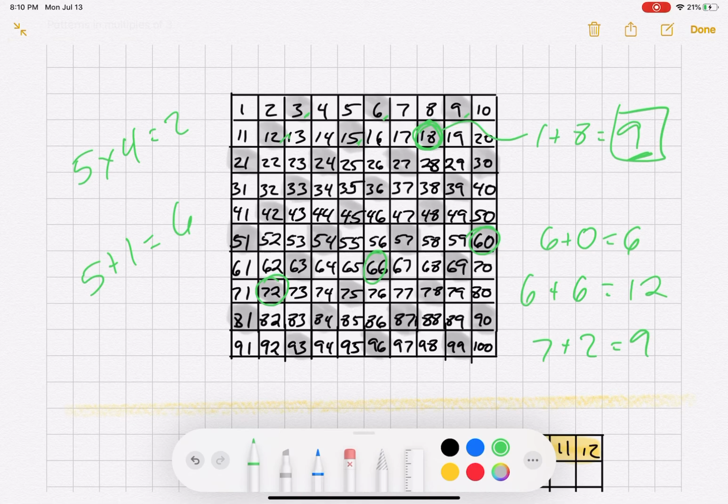Oops, wrong one, where are we here? 54. Sorry, that is 9, 3 times 3 is 9, and then I have, let's do 8 plus 7, that equals 15. 3 times 5 is 15, so that works. So that's a really good cheat to help you figure out if any number is a multiple of 3. You just add the digits together to see if 3 would work.